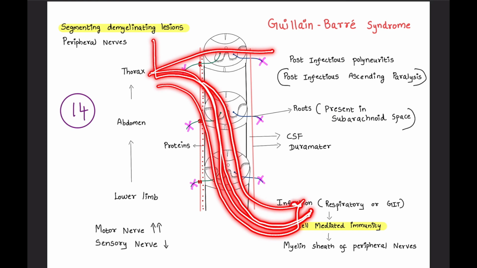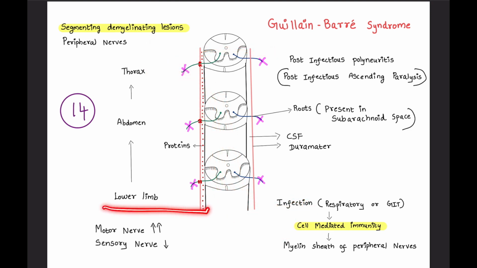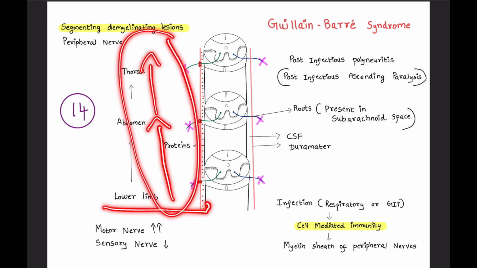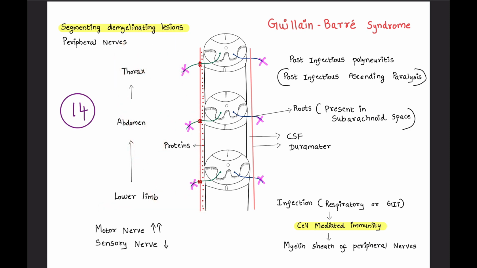So basically in this syndrome, the clinical features or the demyelination start from the lower limb. Then if the syndrome is not treated, it will progress and worsen, moving to the abdomen, then to the thorax. This is known as ascending fashion, that is from the lower limb and upwards.